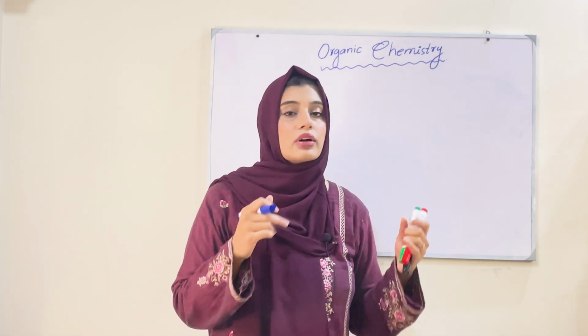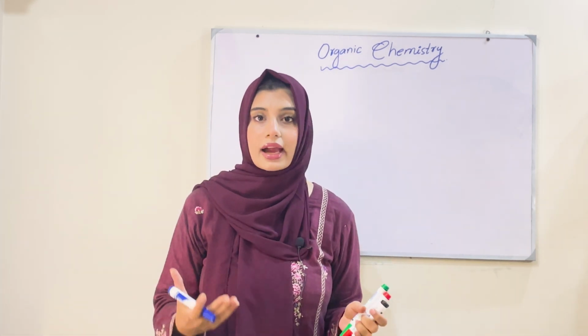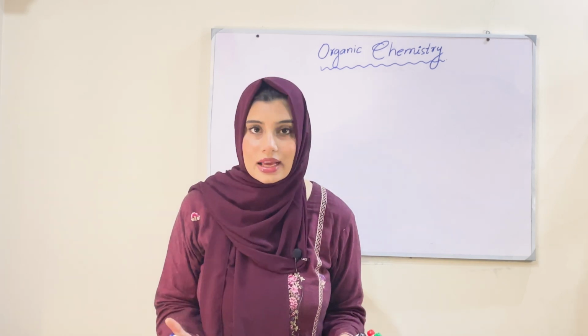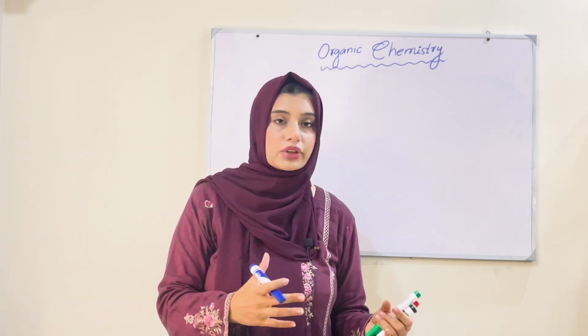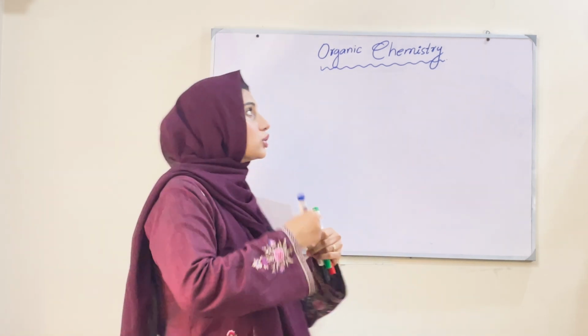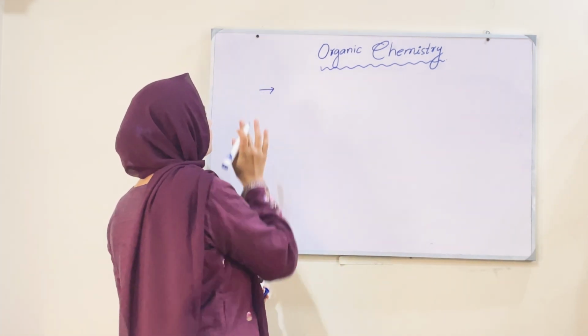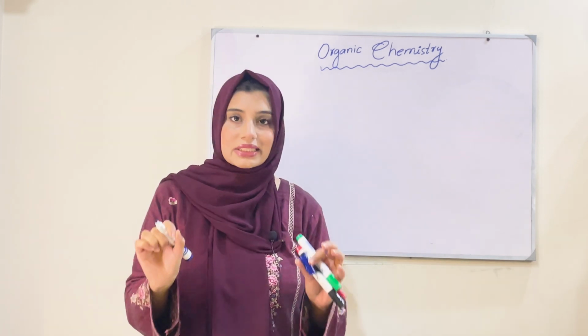So now we are diving into organic chemistry: what it basically is, and how we can identify whether a particular thing is organic or not. The first very important thing about organic chemistry is the basic idea.